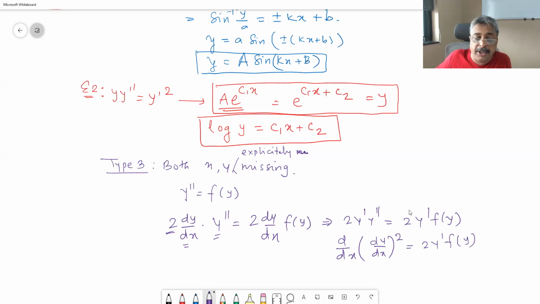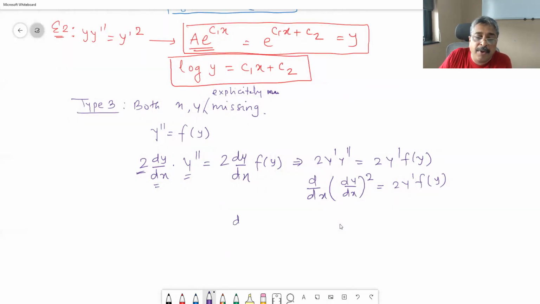Now you can integrate it once and you will get (dy by dx) bracket square is equal to integral 2 y dash f of y dx.